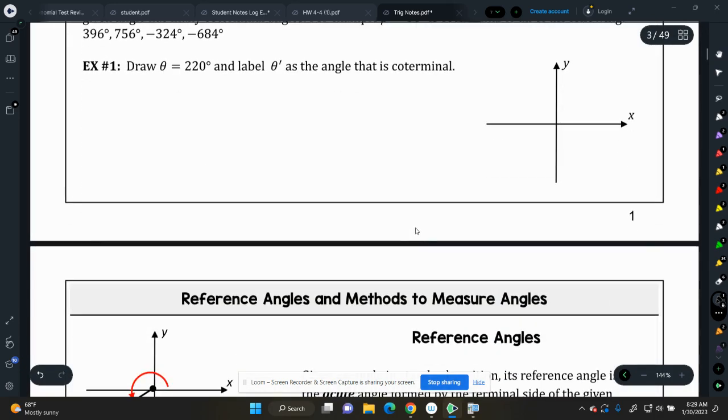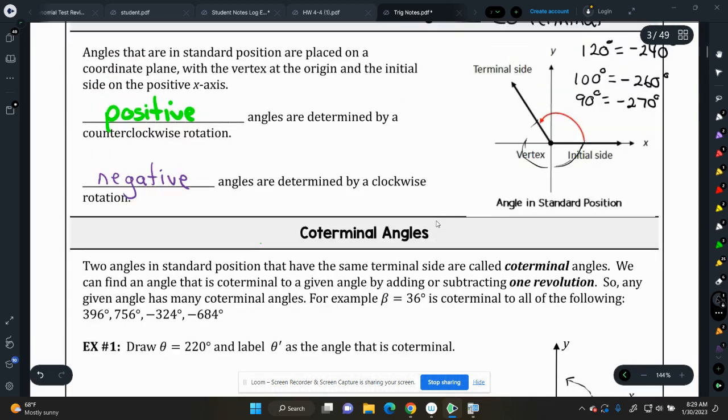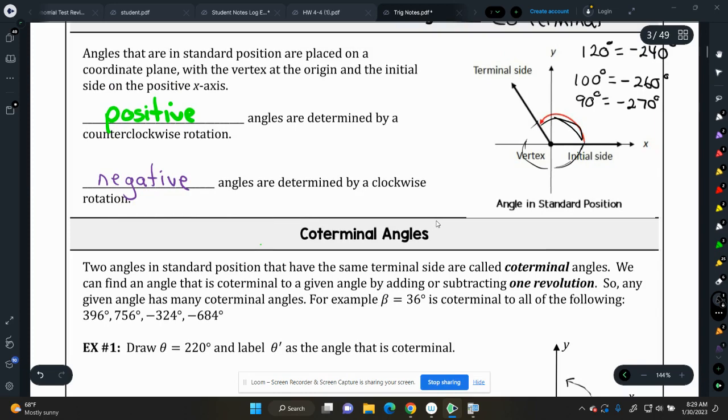So the positive angle is where the red arrow was? The positive angle moves counterclockwise. Yes, inside here, exactly. The angle is measured from the initial side, and the initial side is always going to be that positive x-axis.